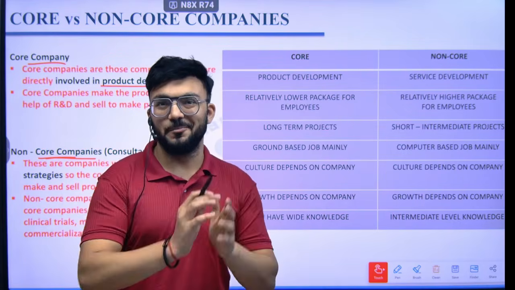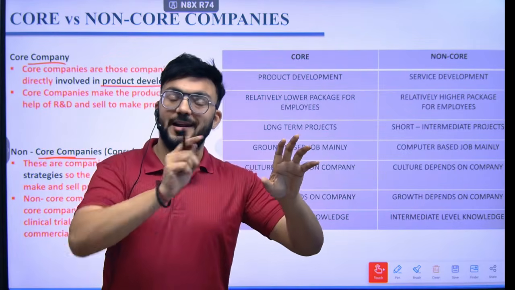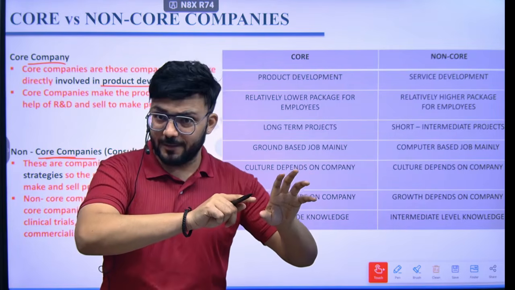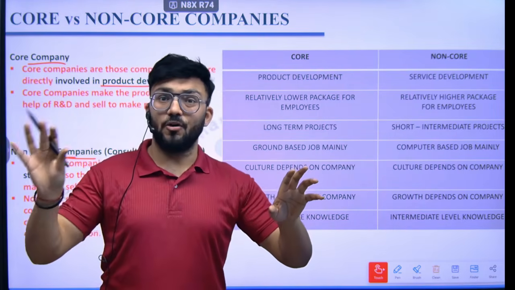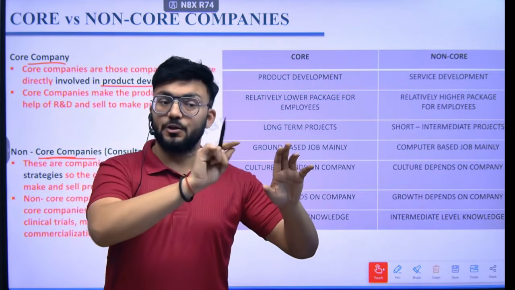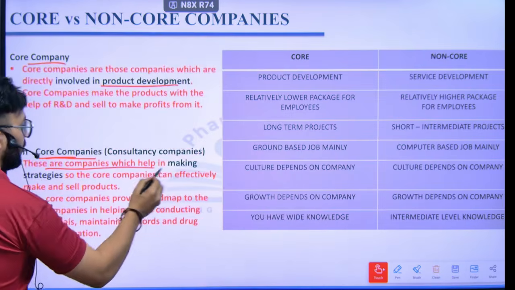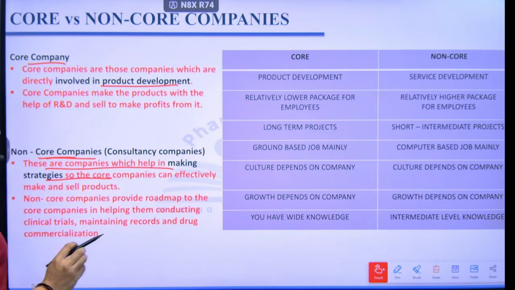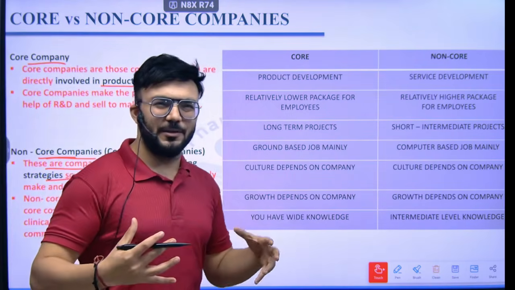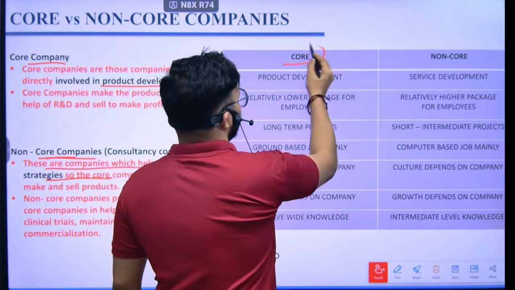Core is directly involved in making the drug, the formulation, and non-core is someone who provides consultancy services to this firm. I hope you got the difference between them, and to explain it much better, I have also provided the difference table here.